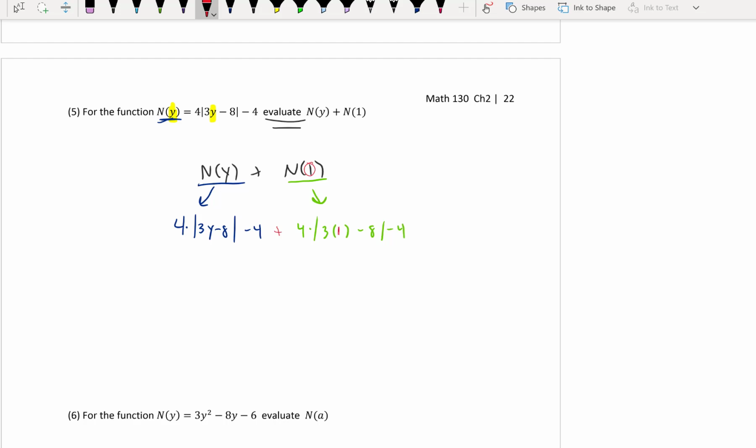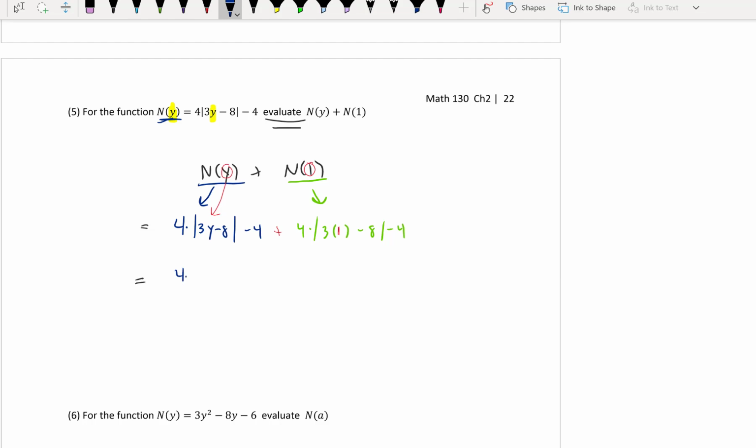Well, for the first part, to evaluate the function at y, we left it as a y. We just copied down my original function. So n of 1 just means, hey, now plug in 1 into that function. So now I can say that this is going to be equal to, and now I just evaluate, right? For the first one, it doesn't change much.